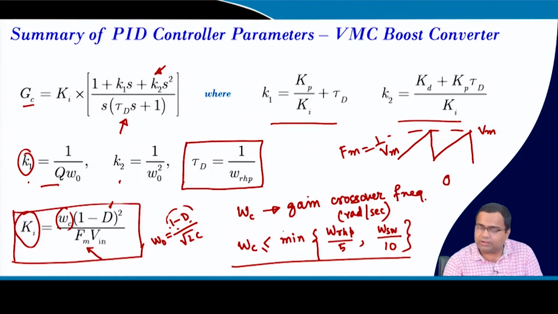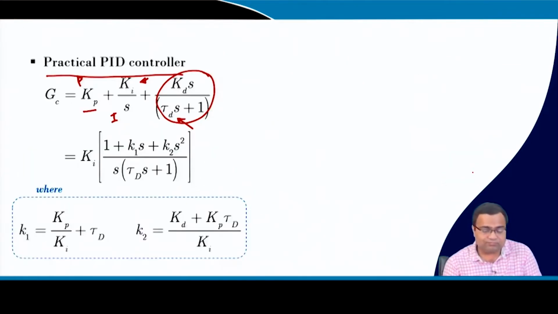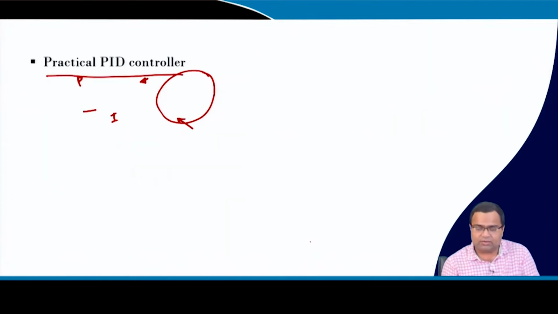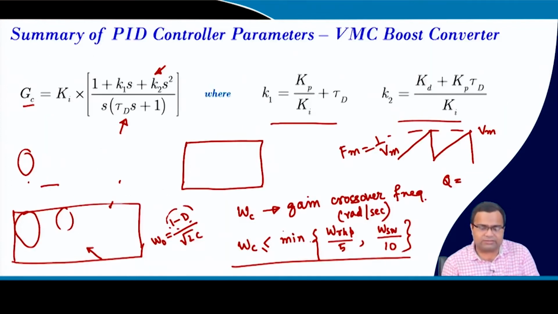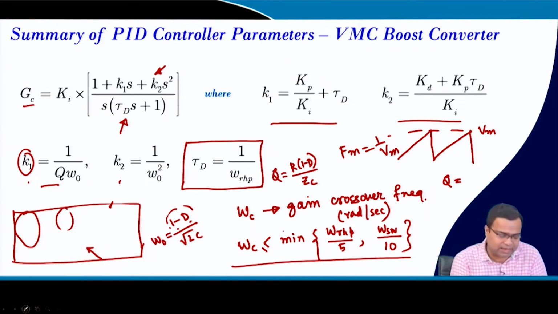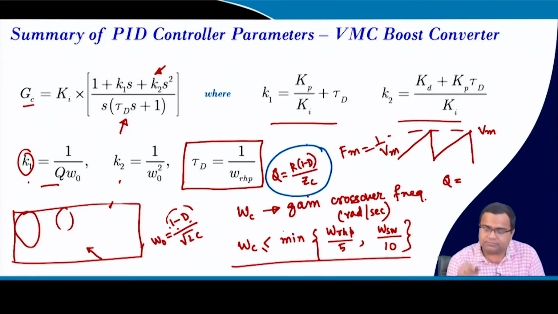Q equals R into (1 minus D) by ZC, where ZC is the characteristic impedance, and those things we have learned.